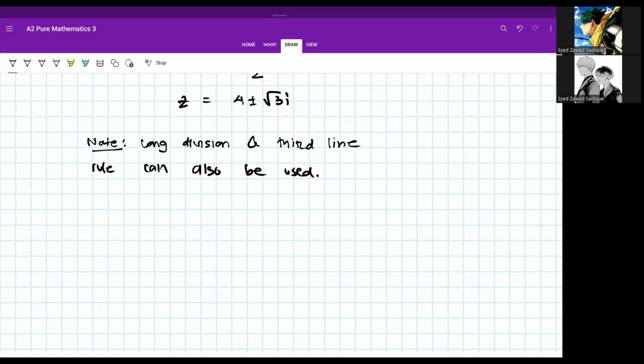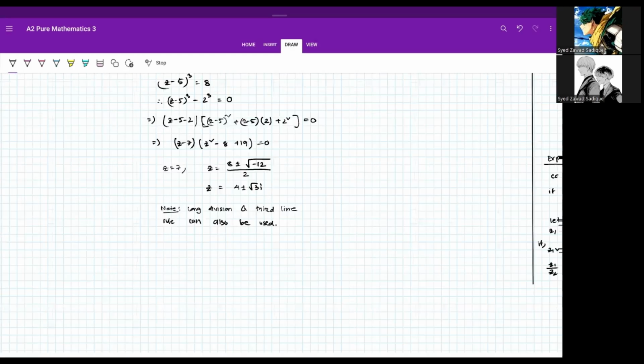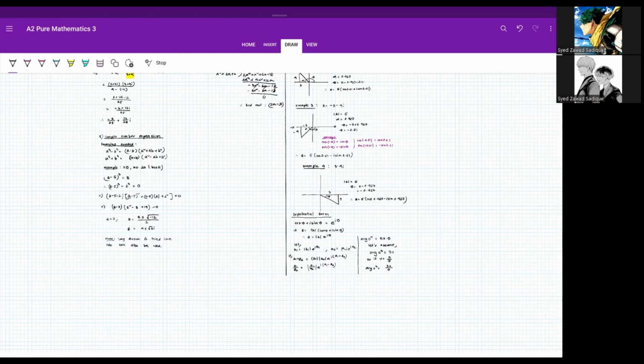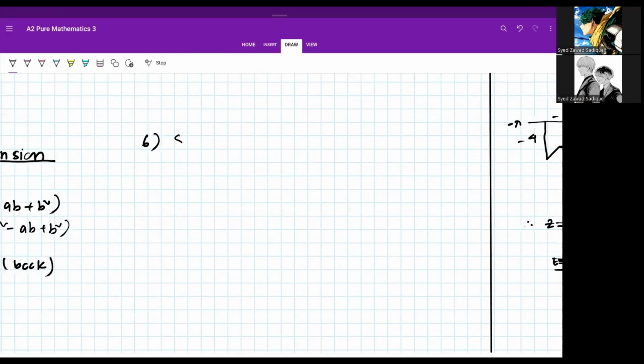Okay, next. Our next concept is going to be concept number 6, square root of complex numbers.